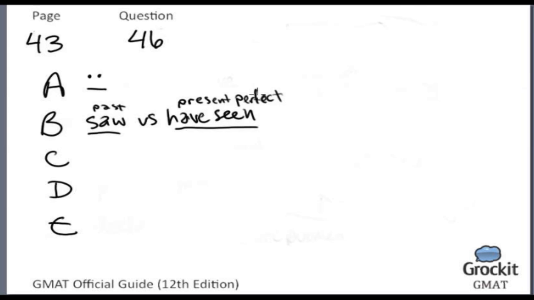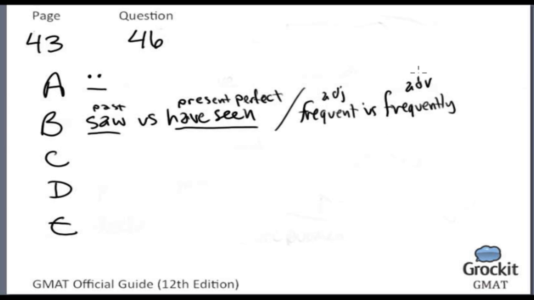So choice B has saw versus have seen. It also has the adjective versus adverb issue. So frequent versus frequently. Remember that adjectives, this is our adjective, this is our adverb. Adjectives can really only modify nouns. Take my word for it.